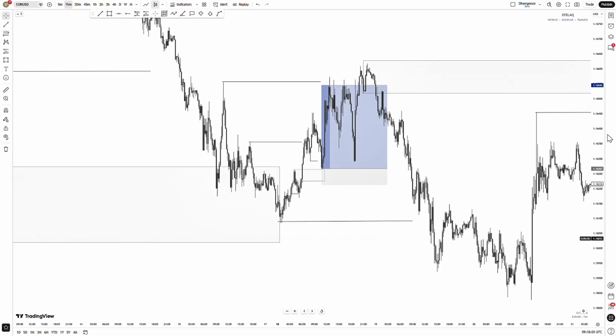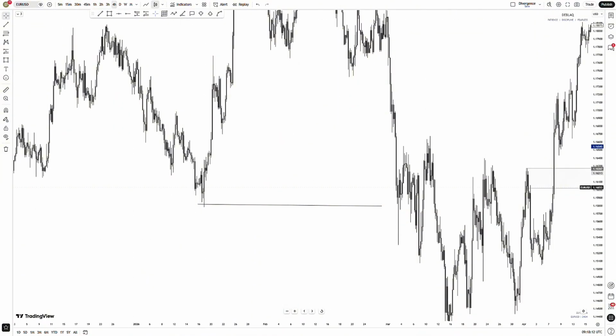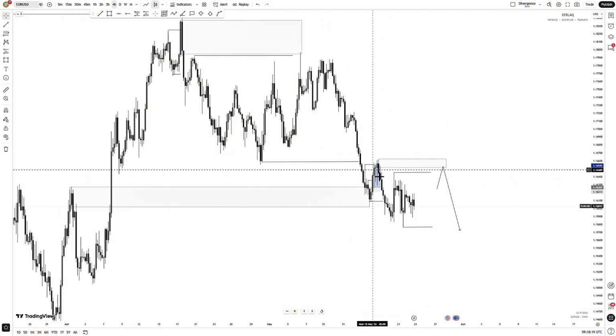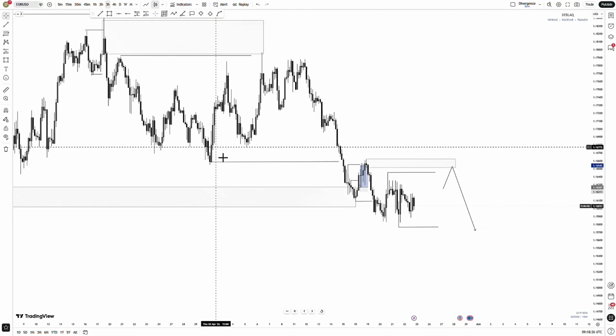Before I took this trade, because I know Euro USD is selling, my initial plan was just to take out this high and use this breaker.